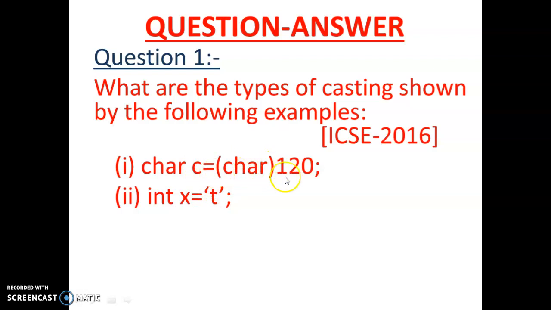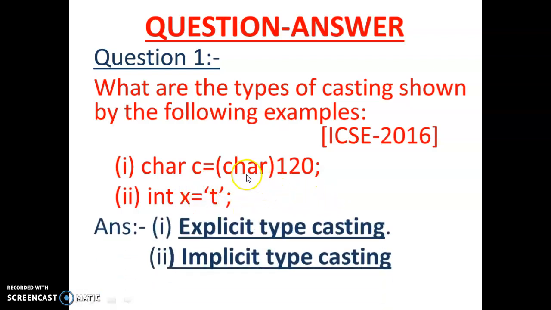So the first type of conversion is explicit type conversion because it is forcibly done. The other is a simple conversion, that means it is automatically converted. There is nothing written inside brackets here. So the first one is explicit type conversion and the second one is implicit type conversion.